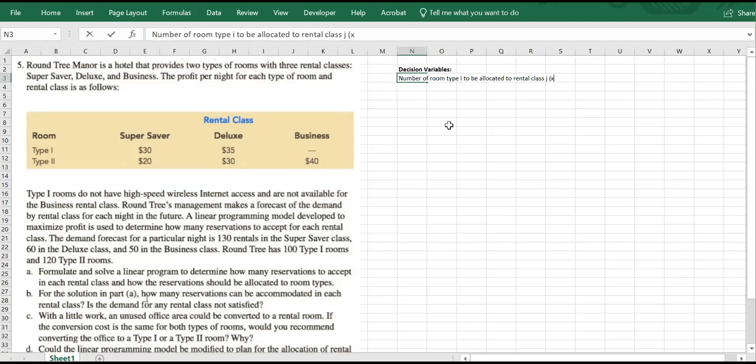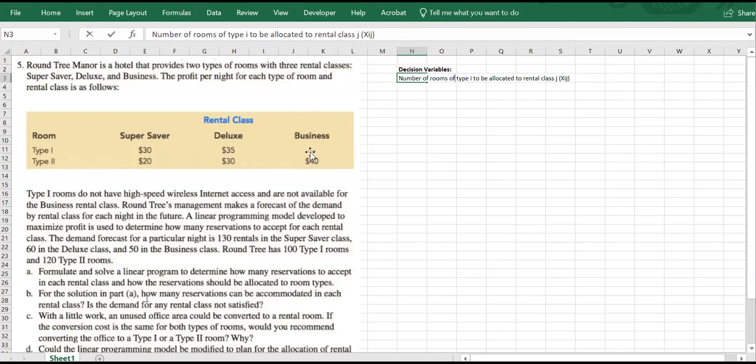And I'm going to call it Xij, the number of rooms of type i to be allocated to rental class j. That is our decision variables. We can't allocate type 1 rooms to business rental class.